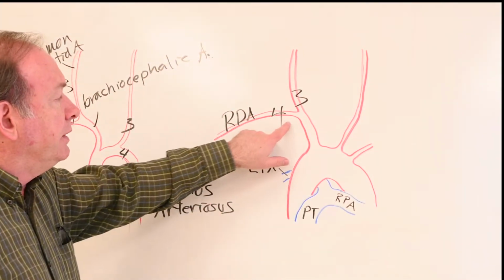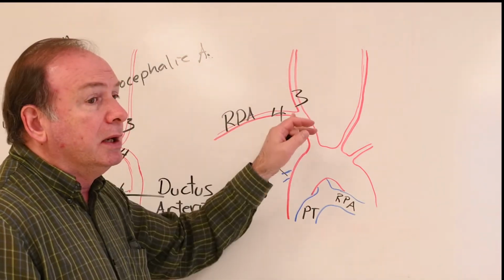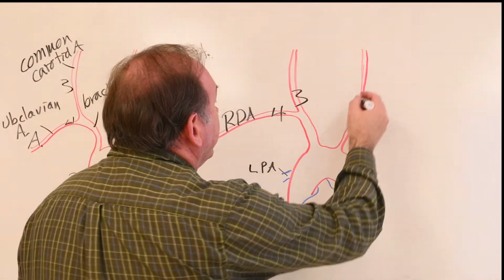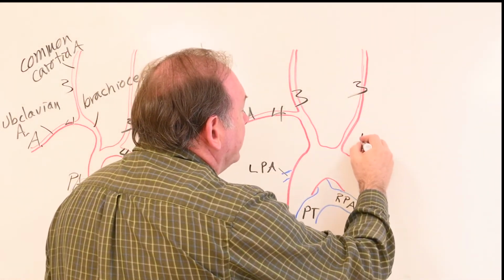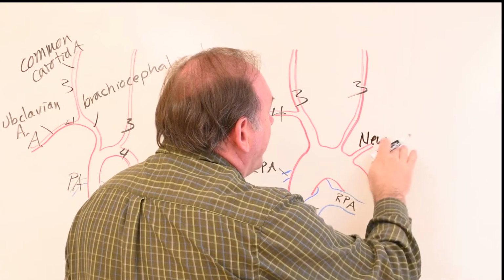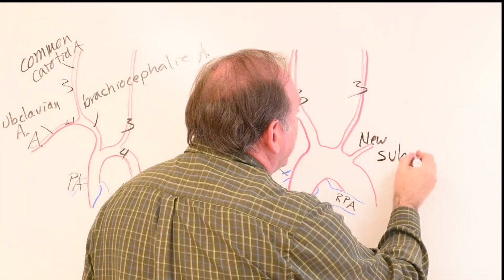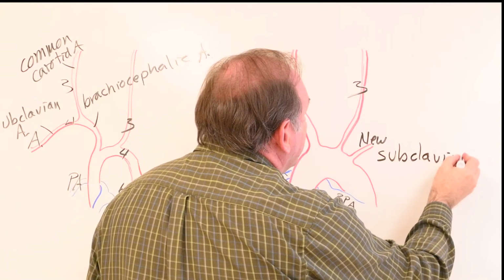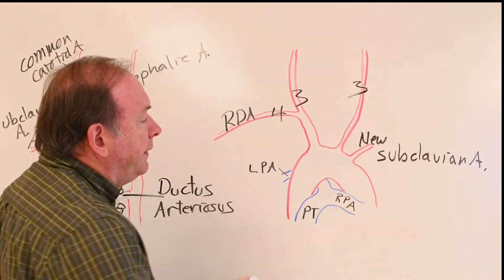But now this is all going to be the subclavian on this side. Number 3 is that common carotid. This is number 3 on the other side. We have a new vessel come up over here to form the subclavian on this side. So we have a new subclavian artery on the left, right there.